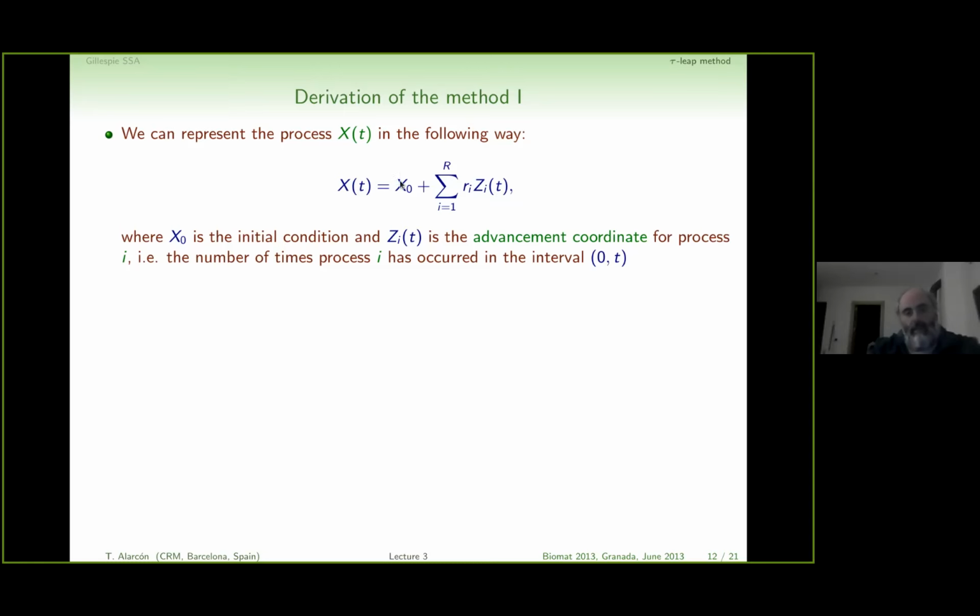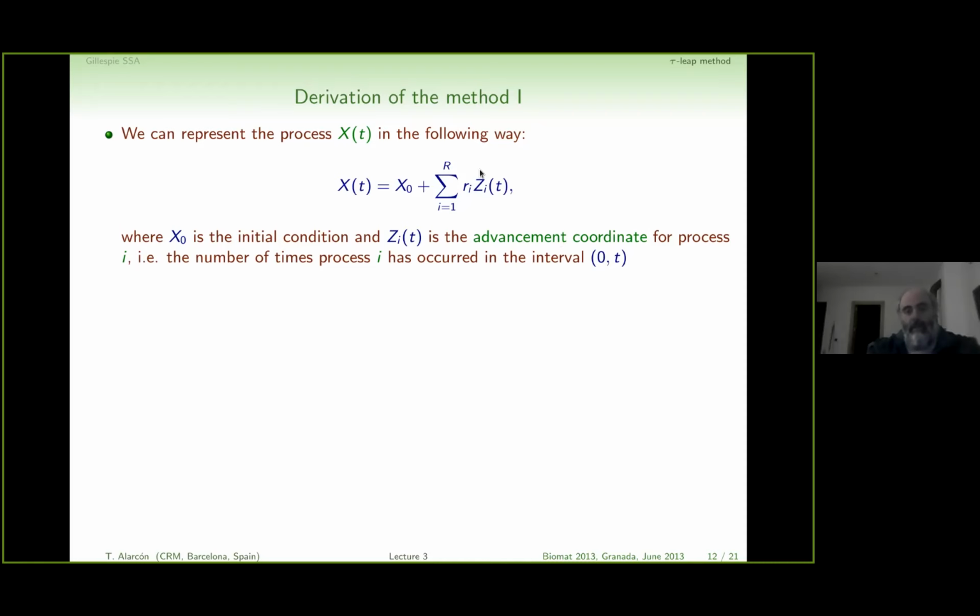We write it as x at time 0, like x naught, plus this sum here. Each of these quantities, this set I, is called the advancement coordinate for the process I, for each one of the processes, which means that it's the number of times that process I has occurred in the time interval 0 to t.